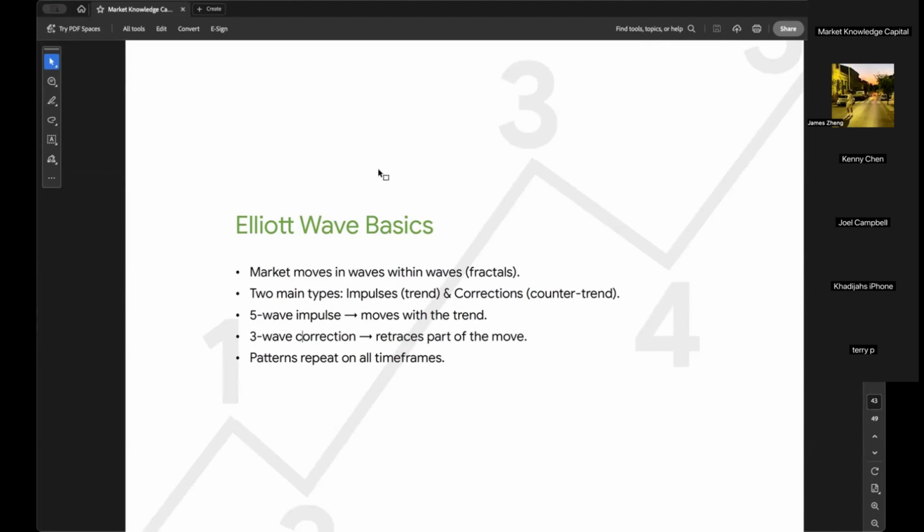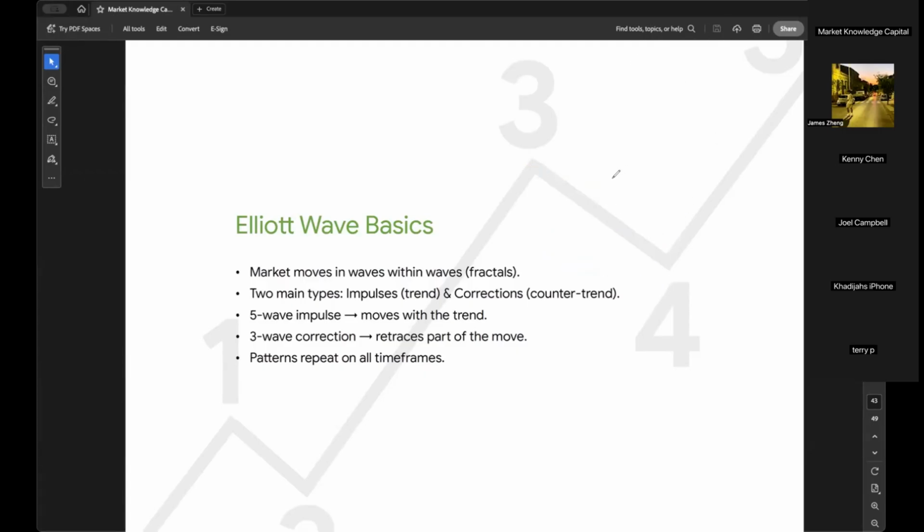In some cases, you can get a triangle, which will actually give you a five wave correction. So what you're asking now, we're moving into pattern identification. If you've got an impulse and you're looking at this correction here, for instance, generally speaking within that correction you get a 1, 2, 3 before it goes back up again.